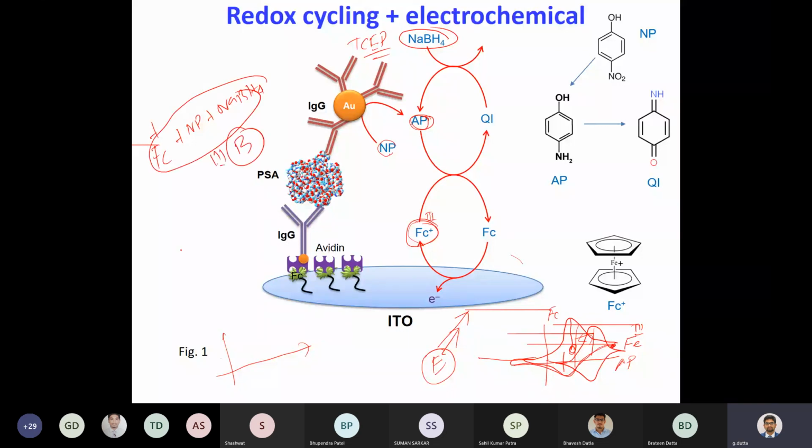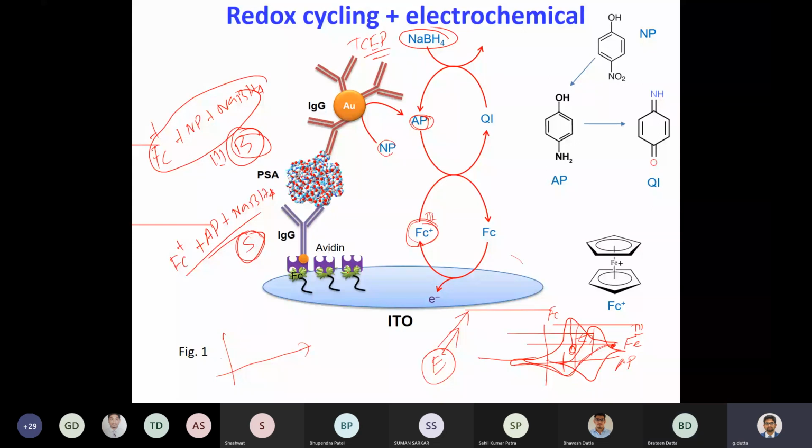And Fc+, AP and NaBH4, you can use as a signal substrate. Clear? So this is your background substrate, this is your signal substrate.